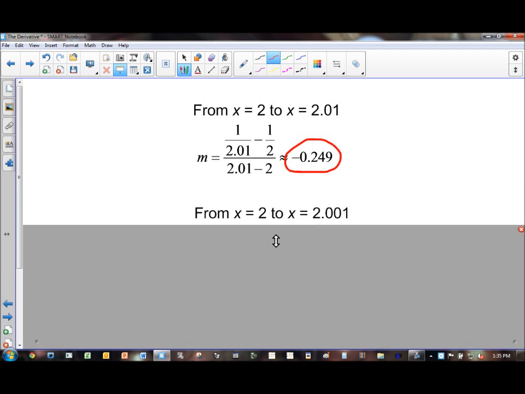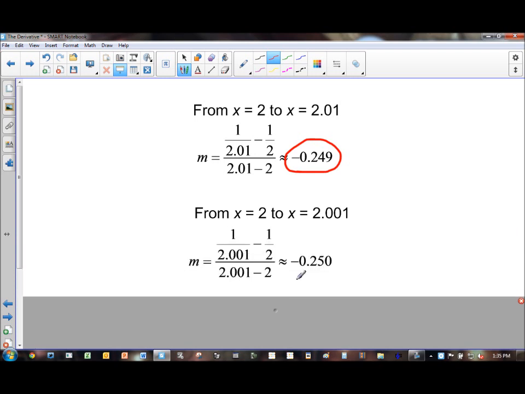And just one more. I'm going to go from 2 to 2.001, and when I do that, I get a slope of negative 0.25. So you can kind of see as the space between the x's gets smaller and smaller, it looks like I'm getting a slope that's getting closer and closer to negative 1 over 4. So negative 1 over 4 would be a pretty good guess as to what the slope of the tangent line is at x equals 2.